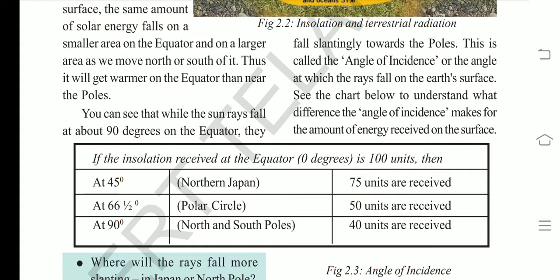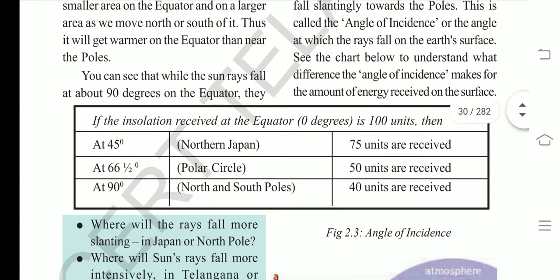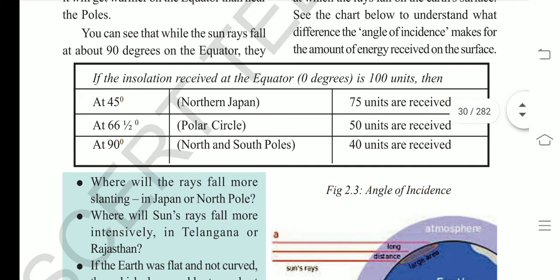if it is 100 units, then there would be 75 units at 45 degrees north latitude. Okay, and 50 units of insolation is received at the polar circle, that is 66 and a half, either Antarctic or Arctic circle, and at the 90 degrees pole the insolation received is 40 units.